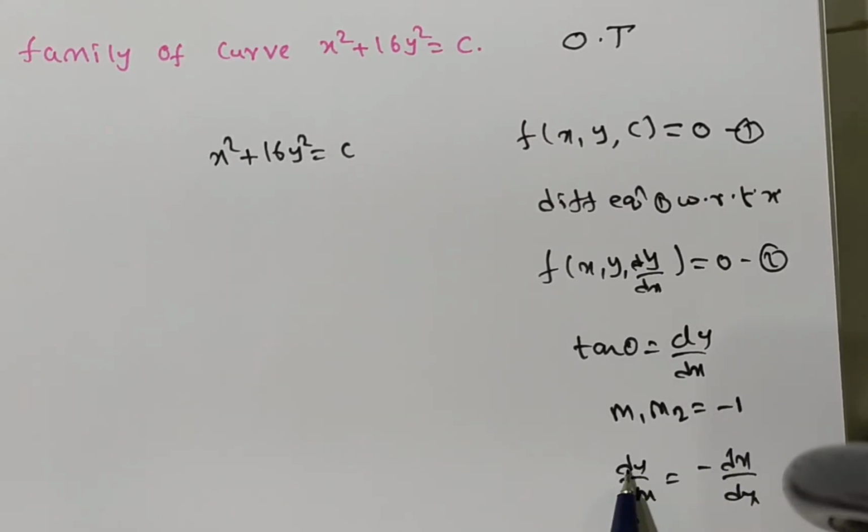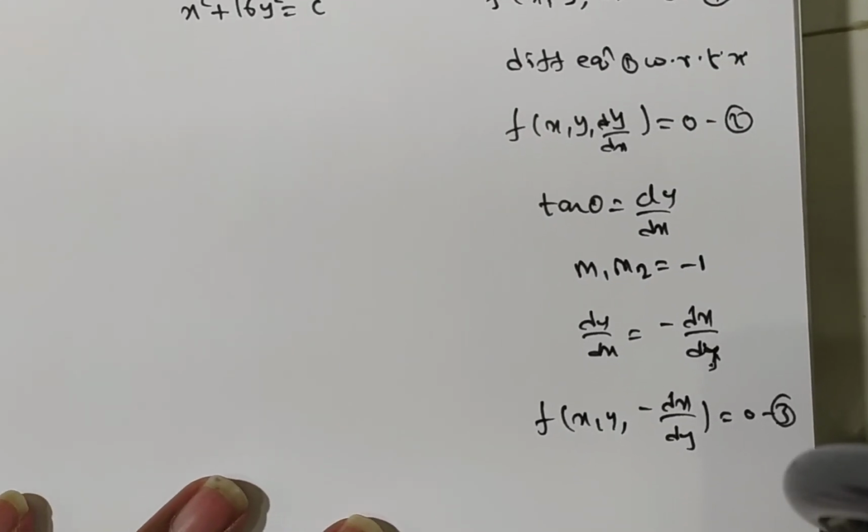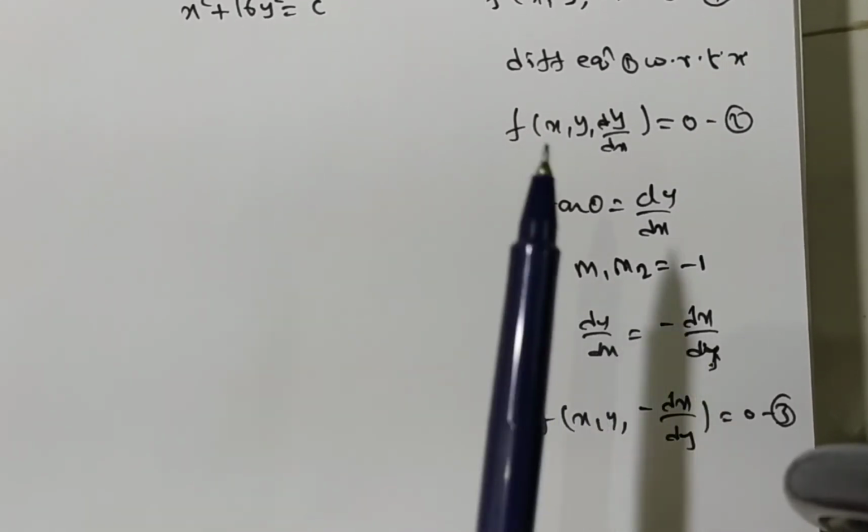So in place of dy by dx, we replace it with minus dx by dy. This is equal to 0, and this is called equation 3. This equation 3 is called the orthogonal differential equation of 2.